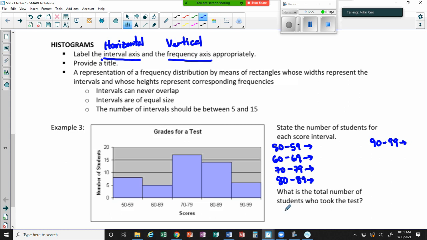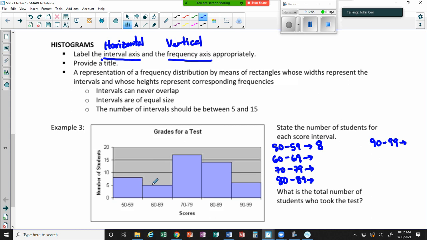So, from 50 to 59, what did we come up with? How many students scored from 50 to 59? Yeah, I would say 8. The distance between there and 10 is smaller, so it looks like about 8. Yep, so 8. What about 60 to 69?